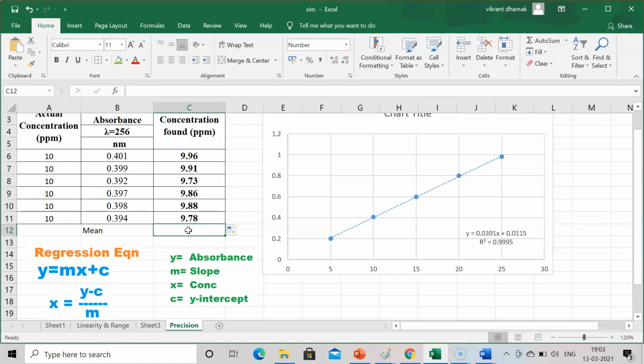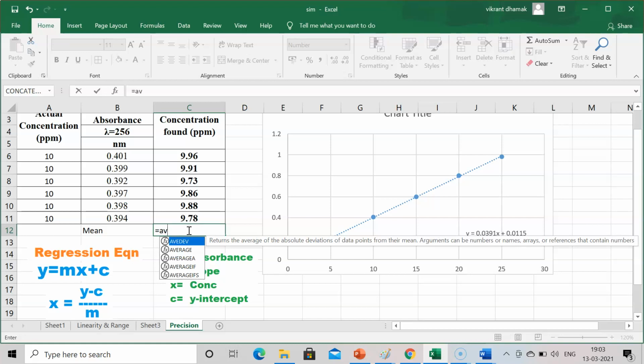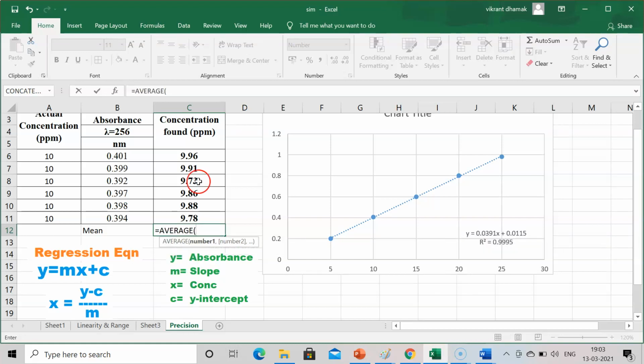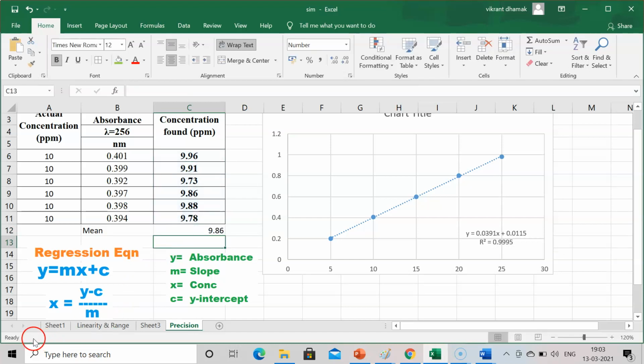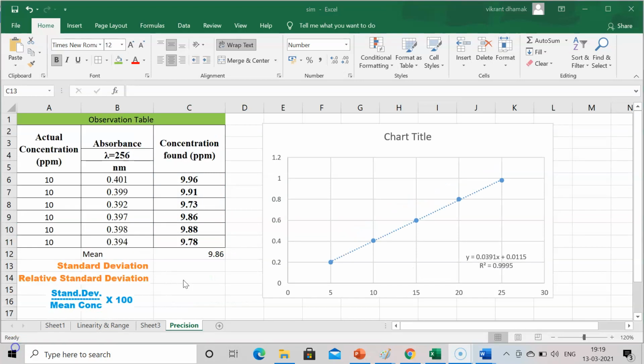After that, we need to calculate a mean. To calculate the mean, press equal to, press average, and select the cells. You will get the average. The average is 9.86. Further, now we need to calculate the standard deviation.